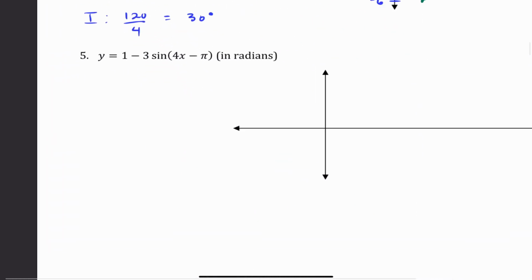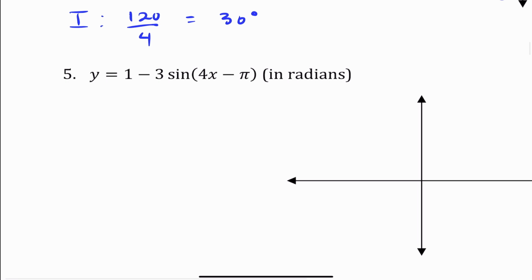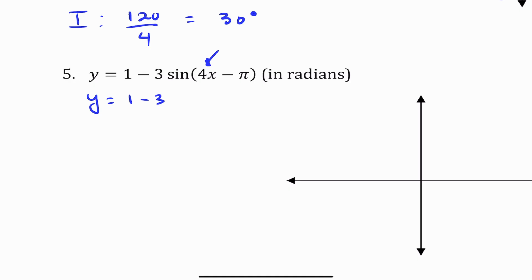If we go back, we hopefully remember that since there is a 4 in front of the x, we have to factor that out. So let me go ahead and rewrite this function. So we have something like this. Okay, so let's figure out our A, B, C, and D. Now, just be careful with this one, right?